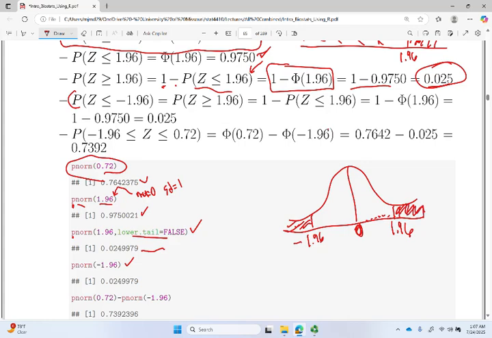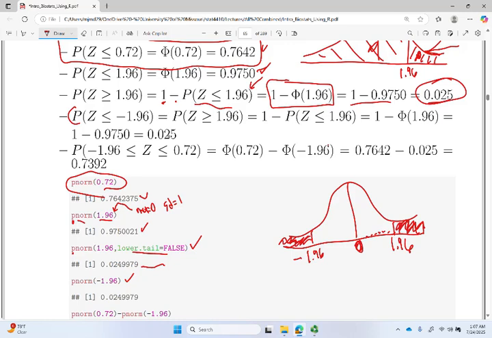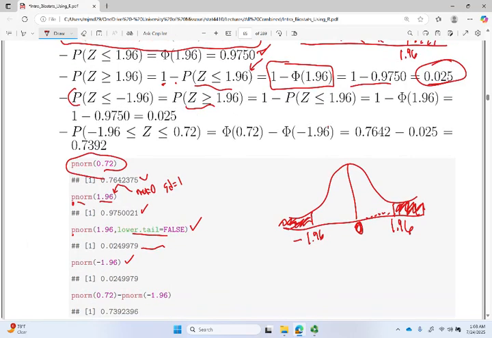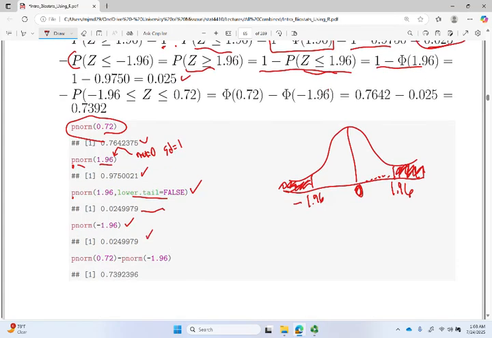And then to calculate this area, which is the same as this area, we take 1 minus this accumulated area, and then we get this. So the probability of being less than negative 1.96 is the same as the probability of being greater than 1.96, which we can then convert into a CDF type function.